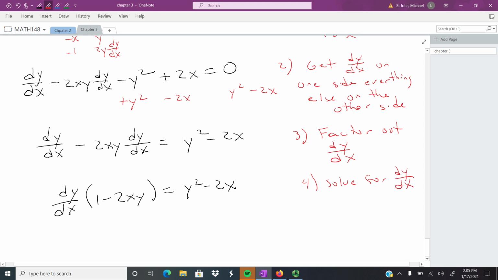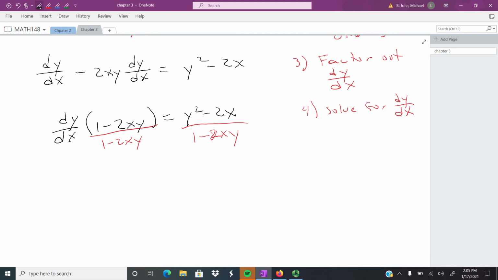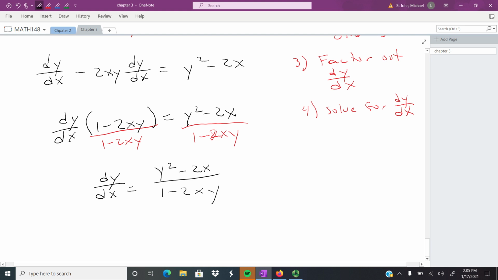So now I'm going to divide by 1 minus 2xy. And so we end up that dy dx is going to be y squared minus 2x over 1 minus 2xy. So we found our derivative.